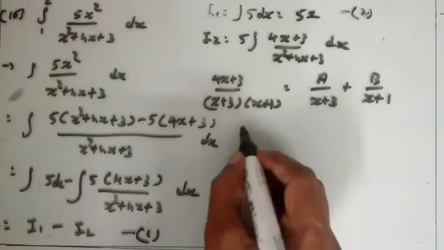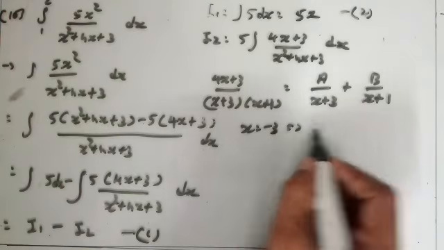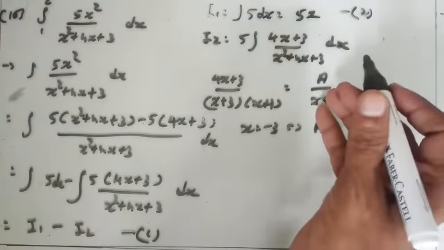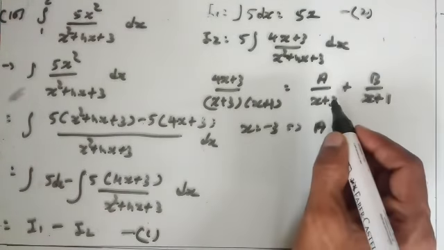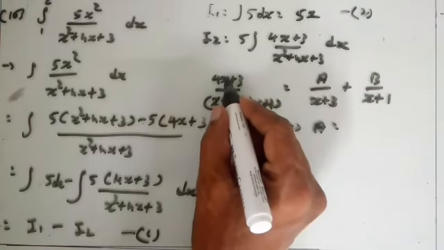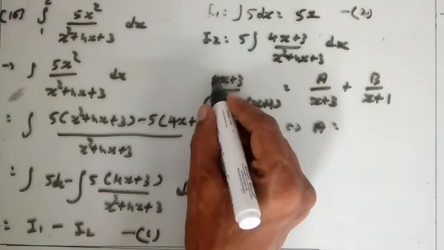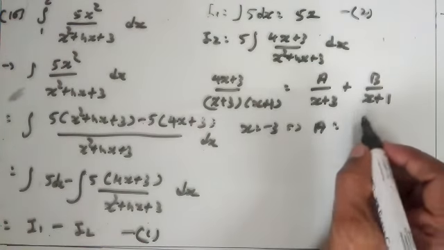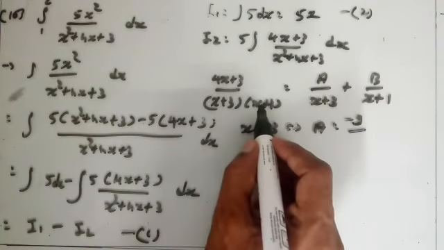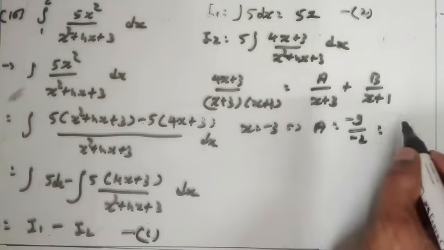For x equal to minus 3, we get the value of a: remove x plus 3 from both sides and replace x by minus 3, so minus 3 into 4 is minus 12, minus 12 plus 3 becomes minus 9, upon minus 3 plus 1, which is minus 2, equal to 9 upon 2.